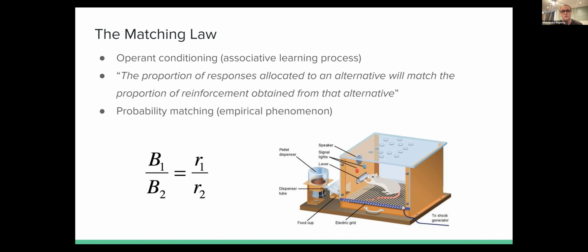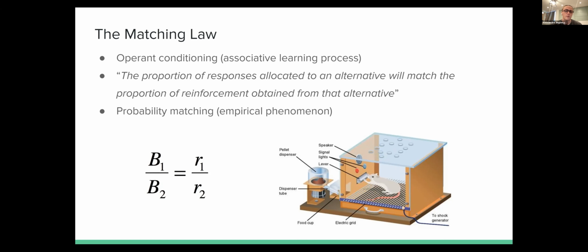And the ratio of choice of the two buttons matched the ratio of the rates of reward. So as you can see from the formula shown here, the B's, which are the response rates, the ratio of the two is equal to the ratio of the R's, which are the reinforcement rates.